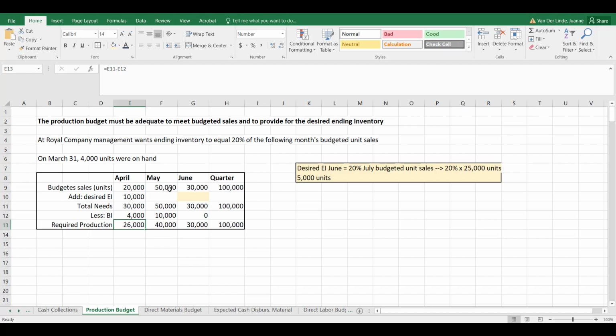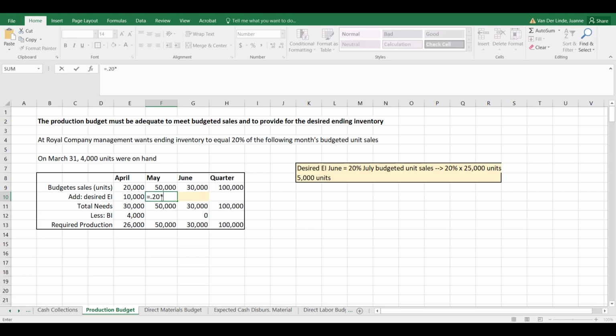So we're going to do the same thing for May. We budget that we will sell 50,000 units in May. So how many units do we want to end May with? Well, we want to end each month with 20% of the next month's budgeted unit sales as ending inventory. So if next month in June we anticipate we will sell 30,000 units, we want 20% of that left over as ending inventory in May.